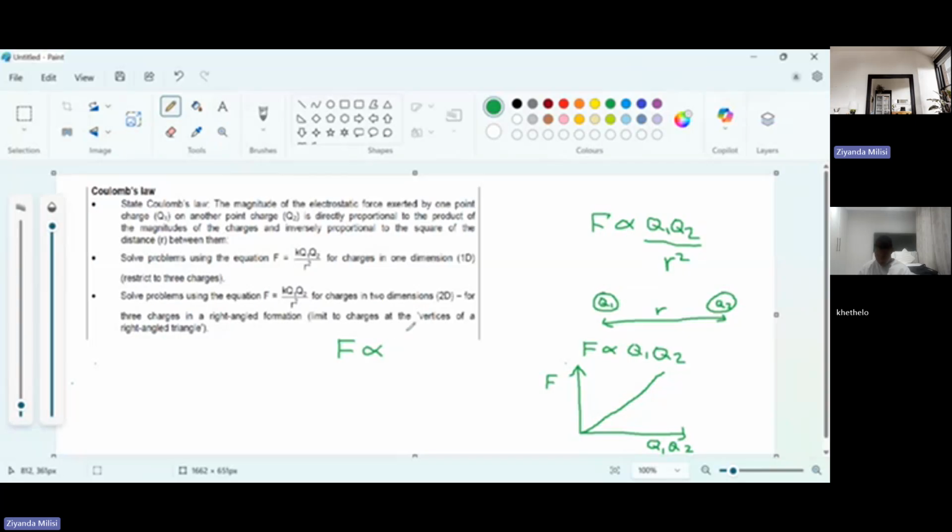We focus on r squared and F. So F is inversely proportional to r squared, which means when r squared increases, F decreases. This is an inverse proportionality. Now the graph for this one, this is the shape of an inverse proportionality. It's like that.